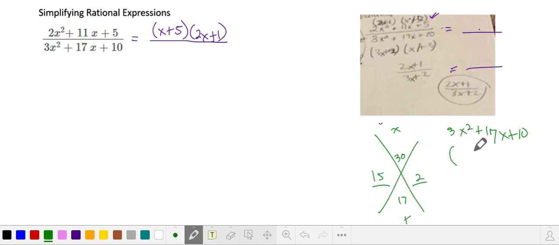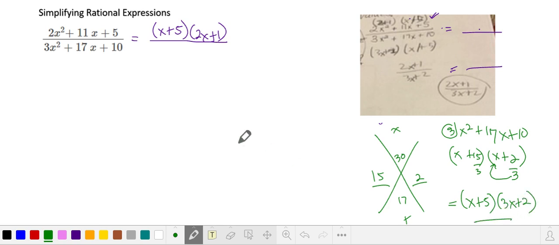I'm not going to put an equal sign because they're not technically equal. So I write x plus 15 and x plus 2. Whatever your A is, you divide the numbers by it. Fifteen divided by 3 is 5, so that's x plus 5. Two over 3 is not a whole number, so I put the 3 in front of the x: 3x plus 2.